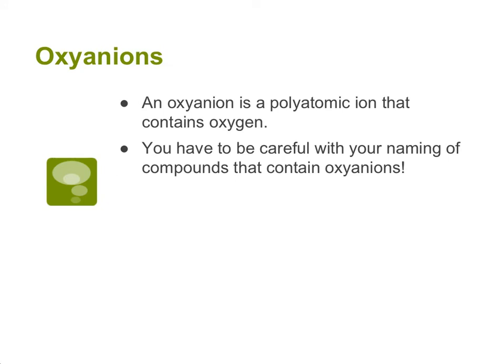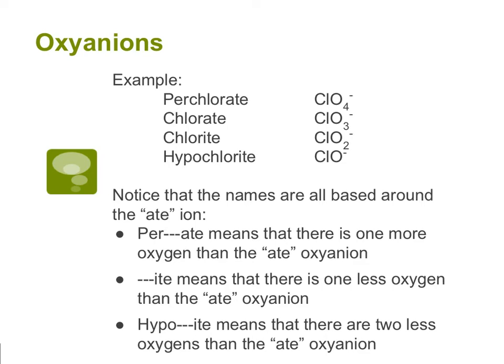So next what we need to do is talk about oxyanions. So an oxyanion is a polyatomic ion that contains oxygen. And when we're naming with oxyanions, we need to be really careful with our naming. So basically these oxyanions are derivatives of our polyatomic ions that we just looked at.